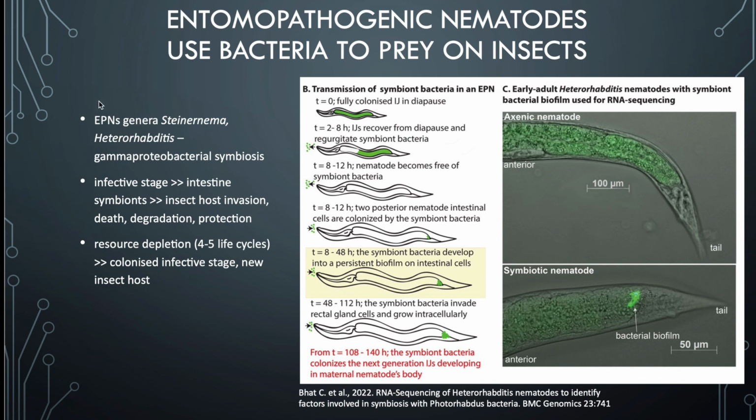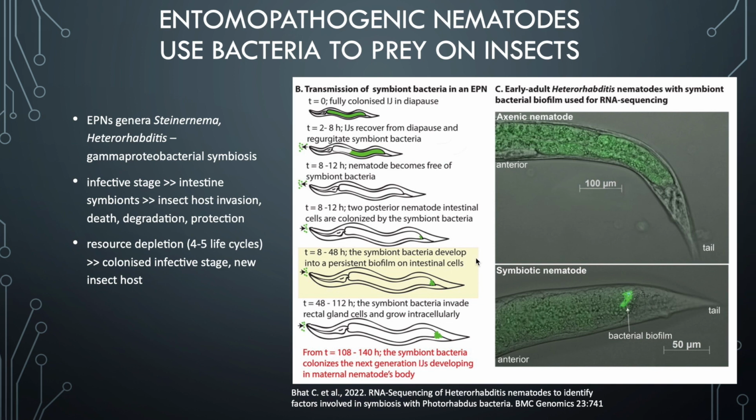Just to clarify some of the acronyms, EPN is entomopathogenic nematodes, and the infective juveniles in this diagram are labeled as IJ. This diagram describes the initial stages of the maternal transmission of the symbiotic bacteria, and it begins with a stage when the infective juvenile exits diapause.